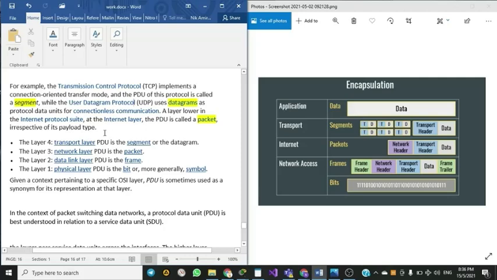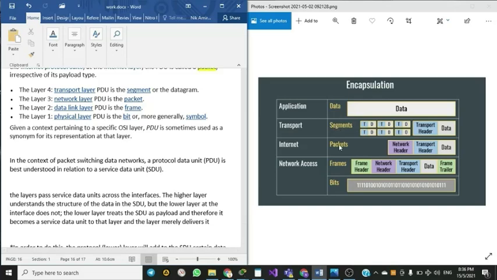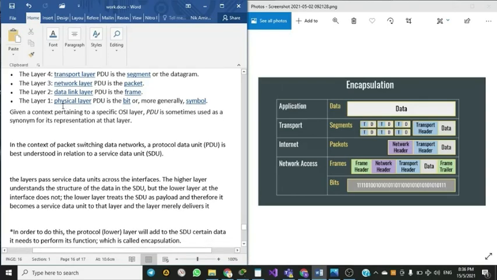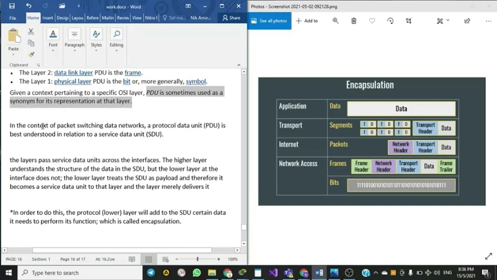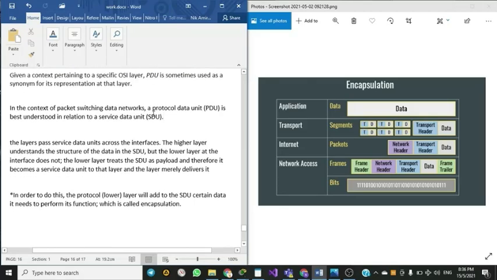Irrespective of the PDU type, whether segment, packet, frames, or bits, given the context containing the specific OSI layer, PDU is also a synonym for the specific representation of that layer. In the context of packet switching data networks, a protocol data unit is best understood in relationship to a service data unit (SDU).